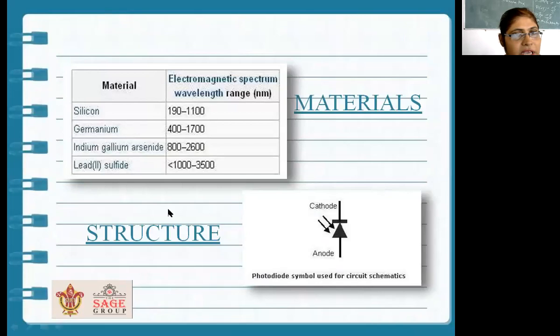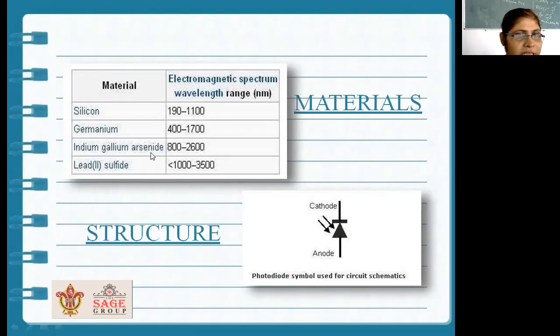Different materials are used for the photodiode, like silicon, germanium, indium gallium arsenide, lead sulfide. Silicon, you can see here, does the conversion for the wavelength range of light from 190 to 1100 nanometers. Similarly, germanium can do the conversion for wavelengths of 400 to 1700 nanometers.